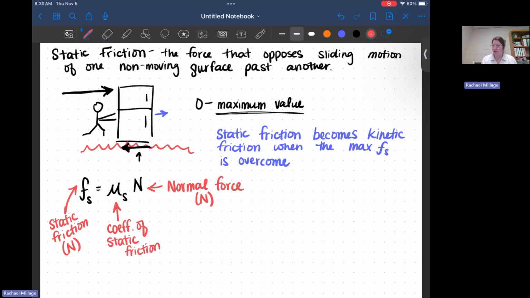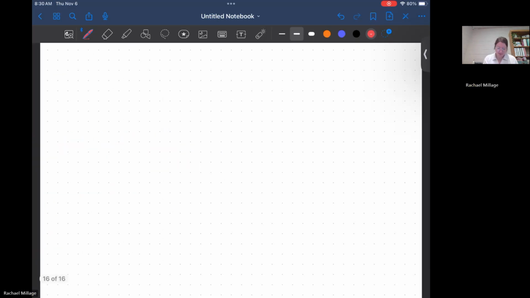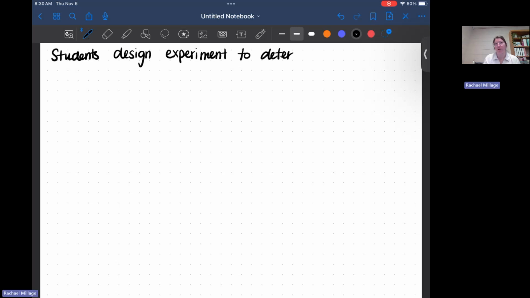Now we're going to put this into practice. So here's our problem. Students design an experiment to determine the coefficient of static friction.